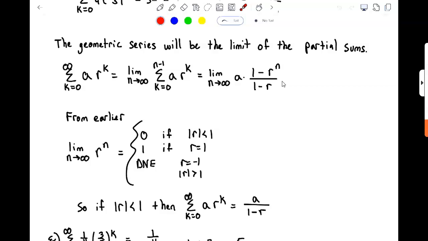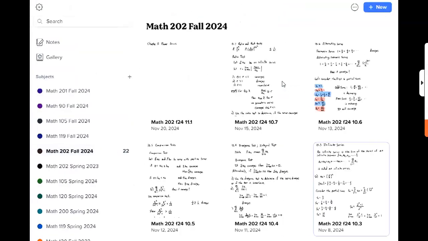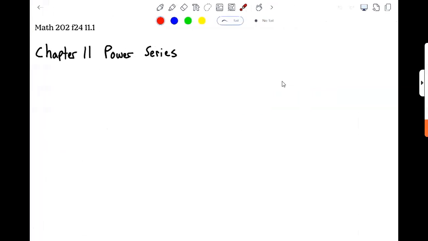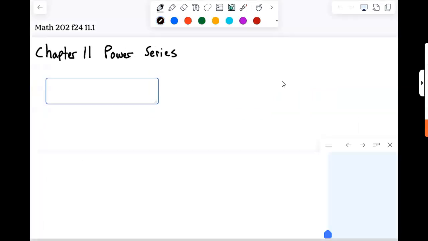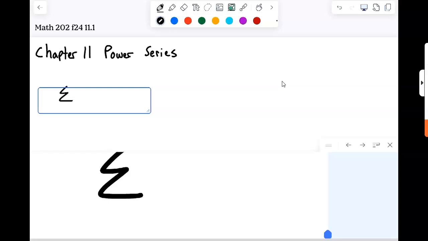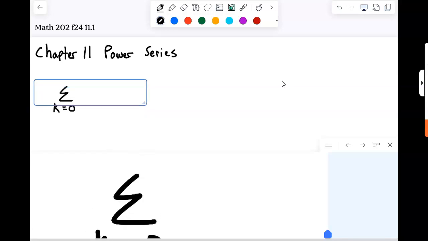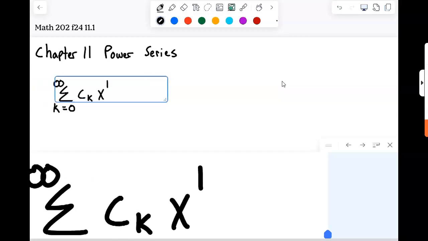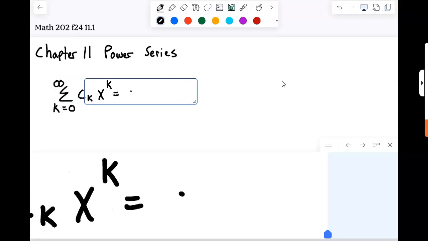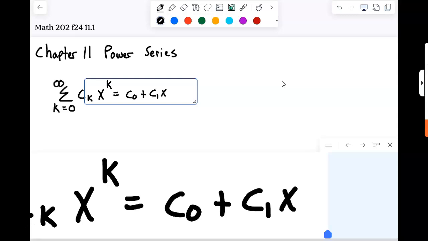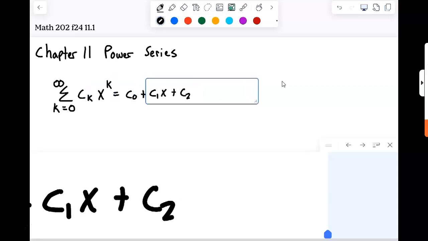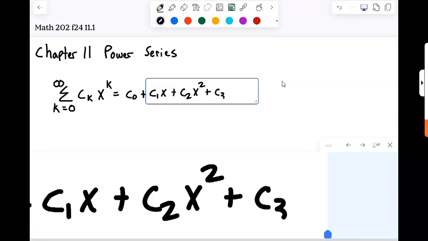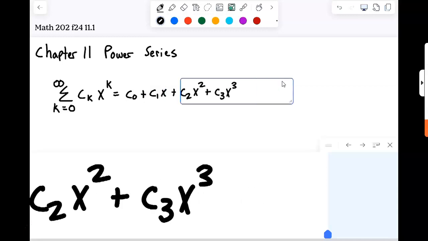Then we talked about different types of series, and we now have lots of rules for testing convergence of series. Now, when we come into the idea of power series, if we take a sum as k goes from 0 to infinity of c sub k times x to the k, that would just equal c0 plus c1x plus c2x squared plus c3x cubed, and so on.